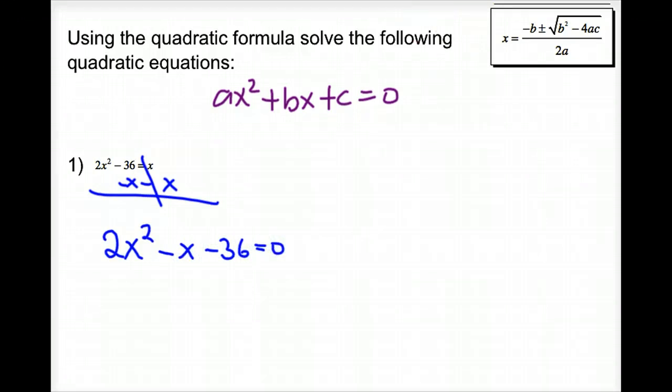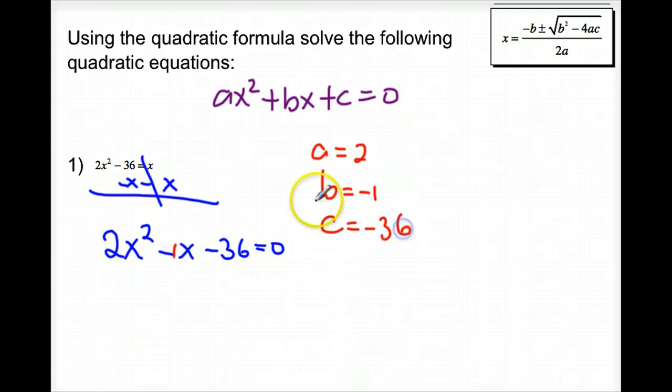Now that I have this, what do I do? My a is equal to 2, my b is equal to -1. Remember that invisible 1 right here. C is equal to -36.